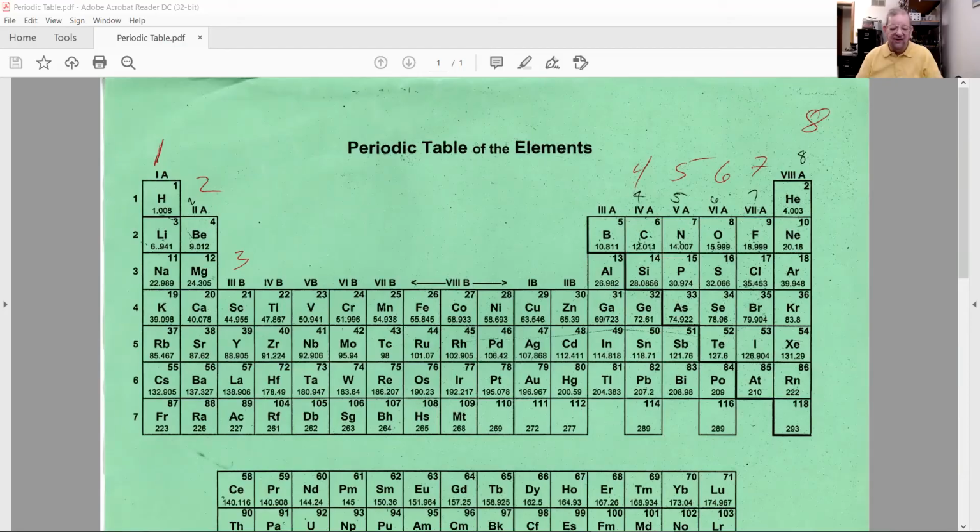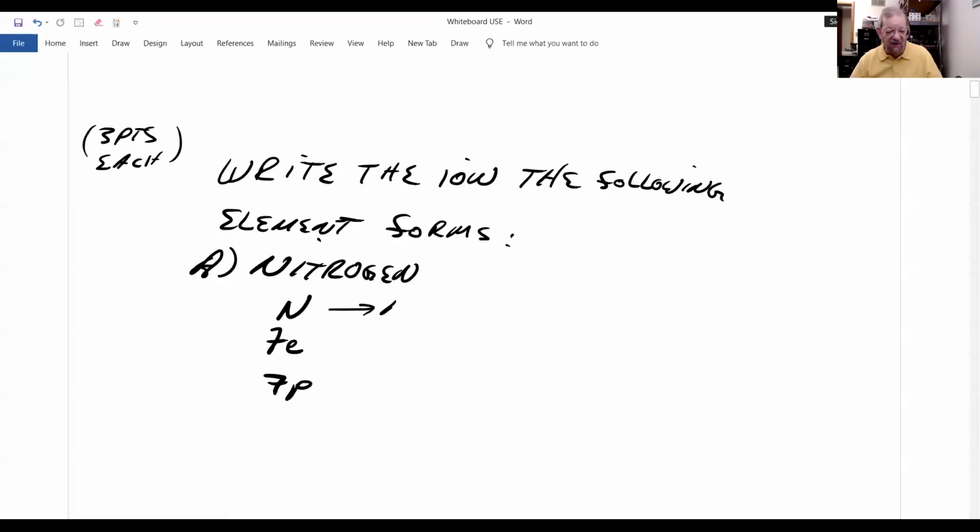Nitrogen wants to get the same number of electrons as neon, so it has 10, but it will still have 7 protons.